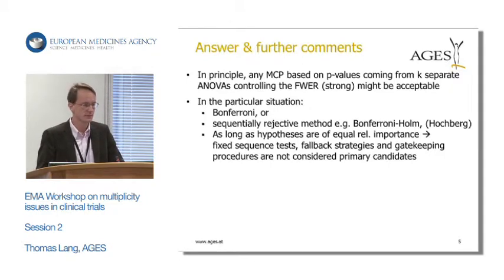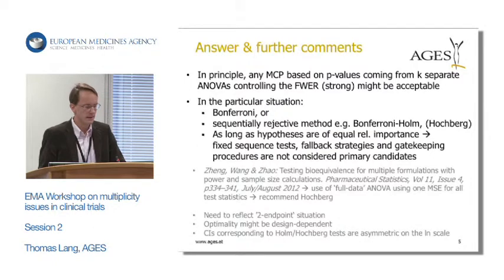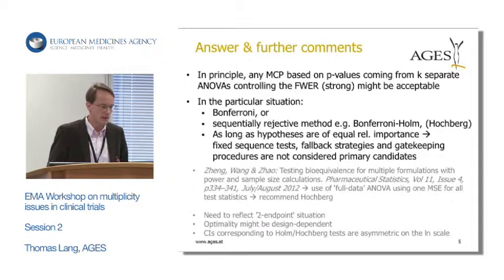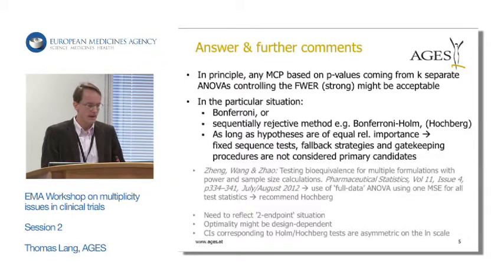Just the last section of this slide, please. You mentioned the publication from Zheng, Wang, and Zhao, who just did a simulation study and evaluated also the power properties for several sequentially rejective methods under this scenario. But what they did, according to my understanding, was also making use of the full data model.